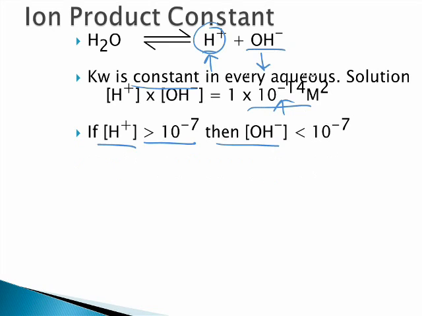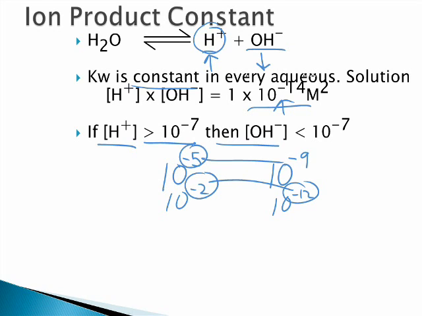For example, if the concentration of H is greater than 10 to the minus 7, say it's 10 to the minus 5, then the hydroxide ion must be less than 10 to the minus 7 and has to equal 10 to the minus 14, so that means it has to equal 10 to the minus 9. This one has to be 10 to the minus 12. It has to equal 10 to the minus 14.